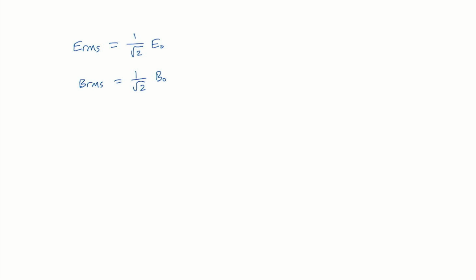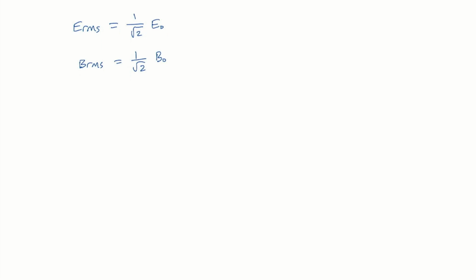If the RMS values are used, then we compute the average intensity, okay? And so we'll say if E_RMS or B_RMS, if either of those is used, then we can compute the average intensity.